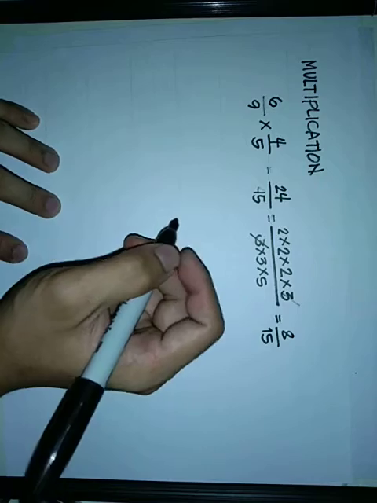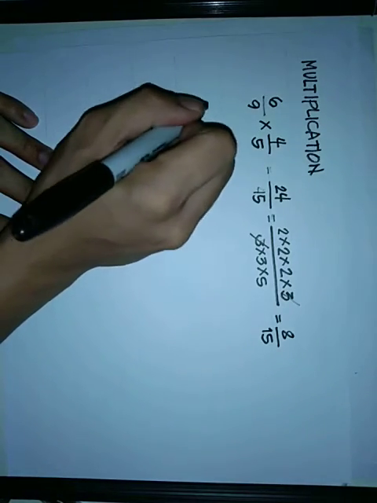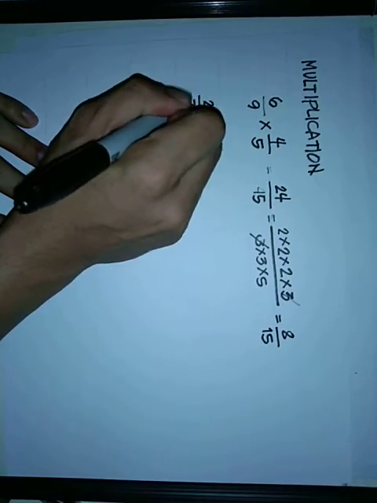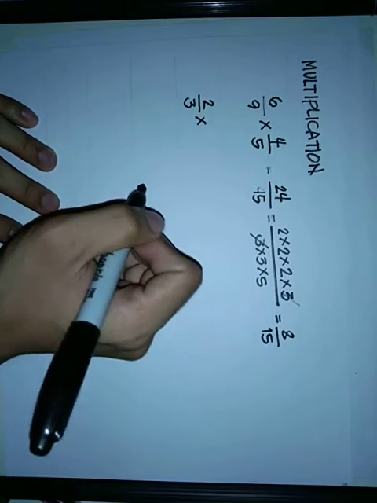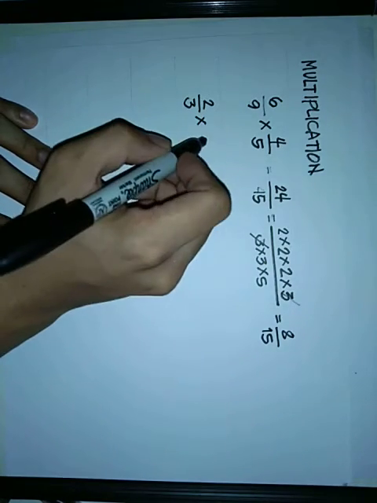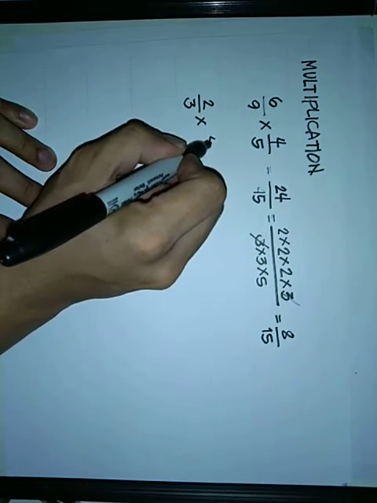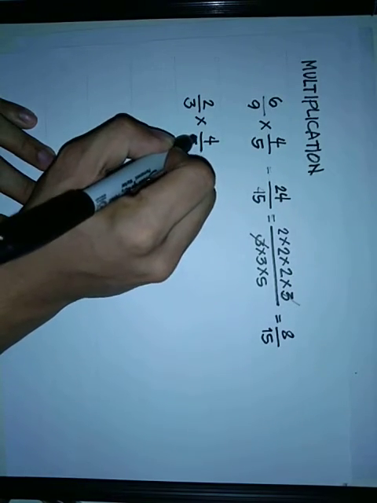Okay, let's try another example. Let's have 2/3 times 4/5 ulit. Try na 4/5.